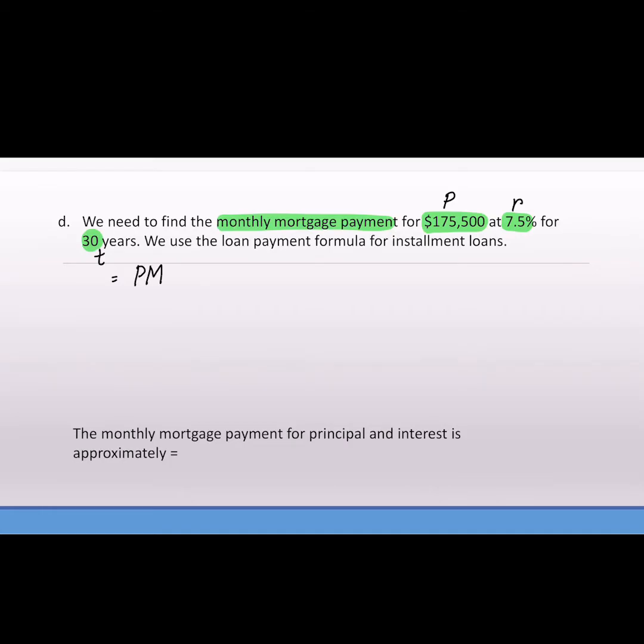So my PMT is P times (R over N) divided by 1 minus (1 plus R over N) to the power of negative NT. Remember, you got to plug the whole thing into your Desmos calculator and make sure you put this in parentheses. That is equal to my mortgage amount, 175,500, open parentheses, 0.